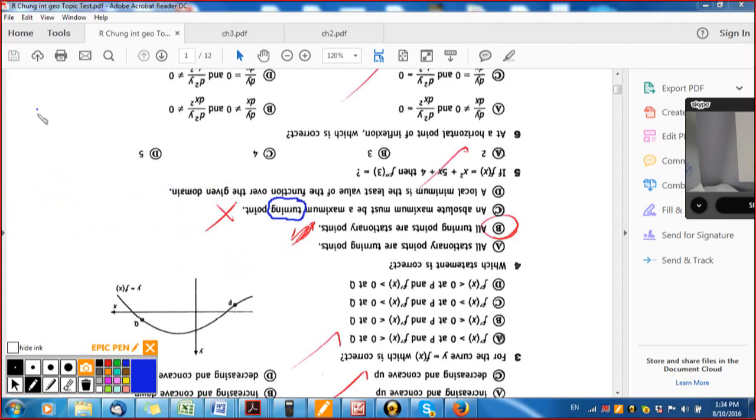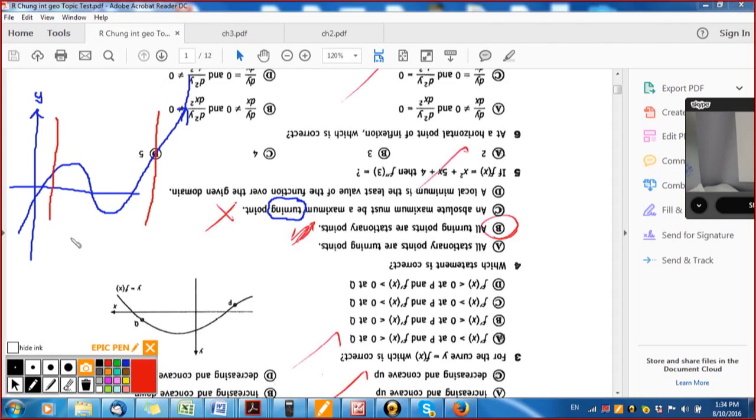So let's say, for example, you have a graph, and it kind of looks like this, and it's between this domain and this domain. Where would the absolute maximum be? It's where the highest point is, which is there.